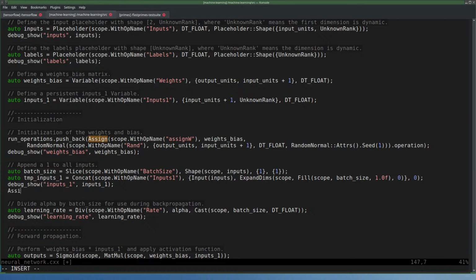Let's just do assign. Assign scope. We assign to my variable, which is this, from temp inputs. Why would that not work, right?